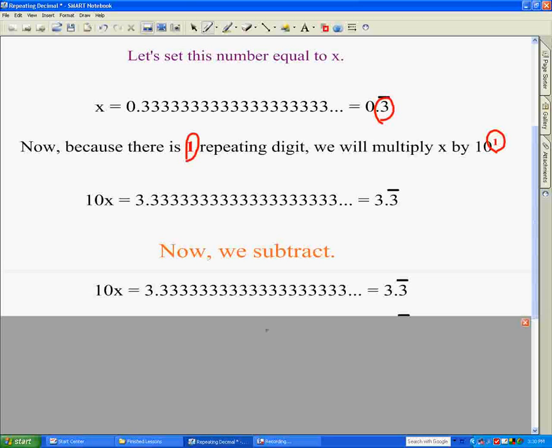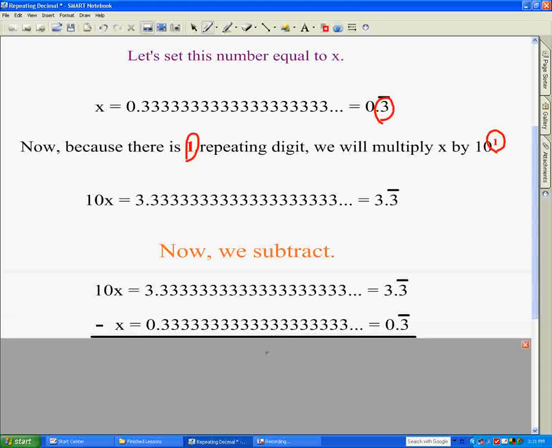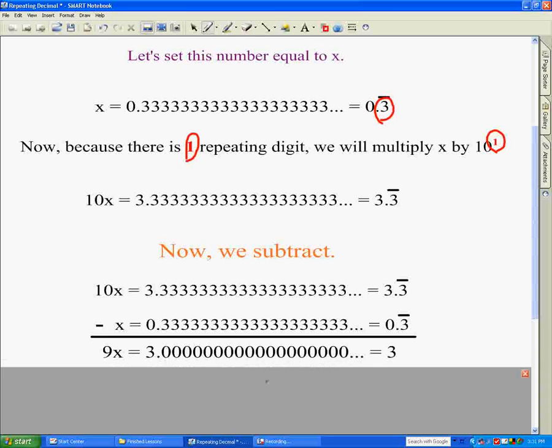We know 10x is 3.3 repeating, and we know x is just 0.3 repeating. If we subtract, we'll get 9x equals 3.000000. Each of these 3s, 3 minus 3, 3 minus 3, 3 minus 3, they all cancel out. I get zeros for all of them.